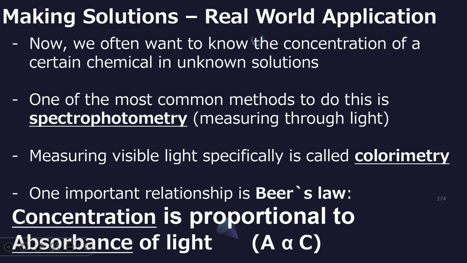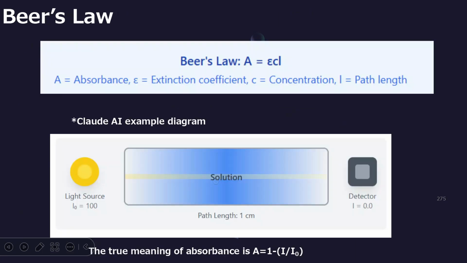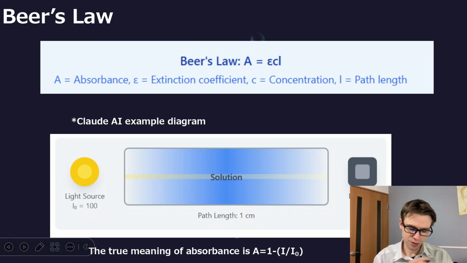So if you have something that absorbs light in your solution dissolved, the amount that it absorbs is directly proportional to its concentration amount. So if you double that concentration, you'll double that absorbance as well. So this is shown through Beer's law equation. Absorbance A equals epsilon C l, where epsilon is something called the extinction coefficient.